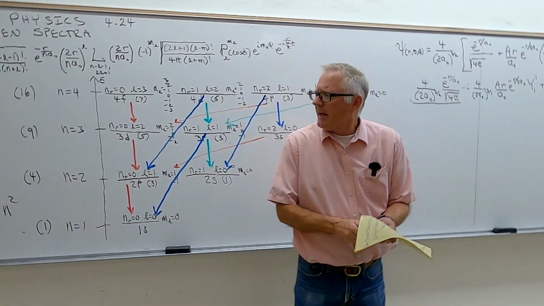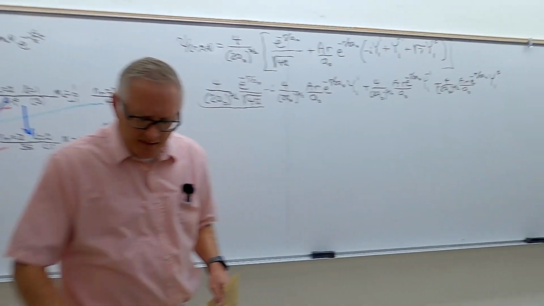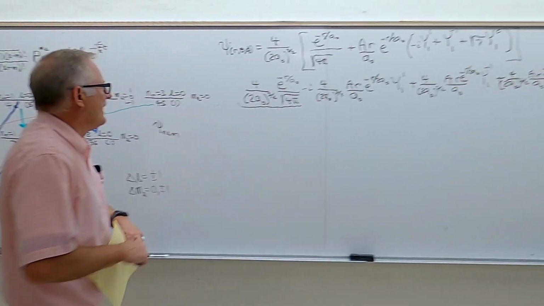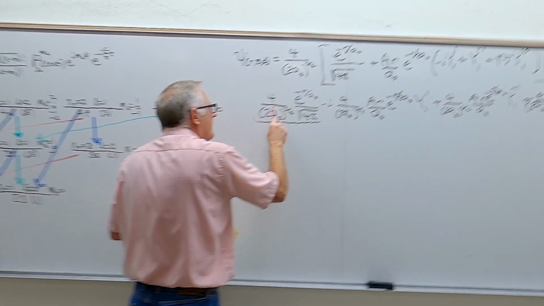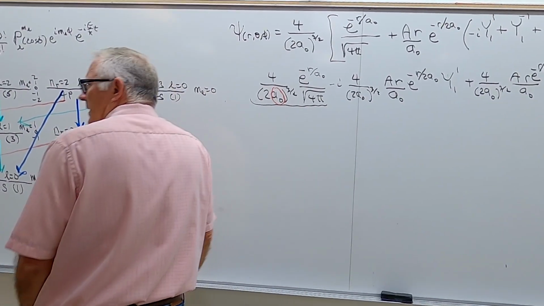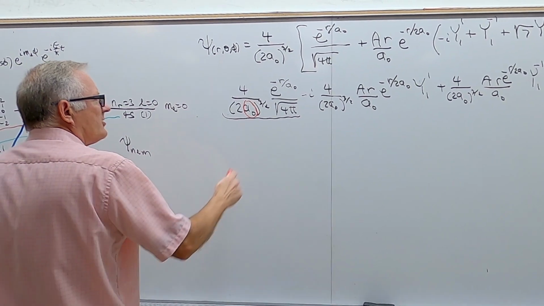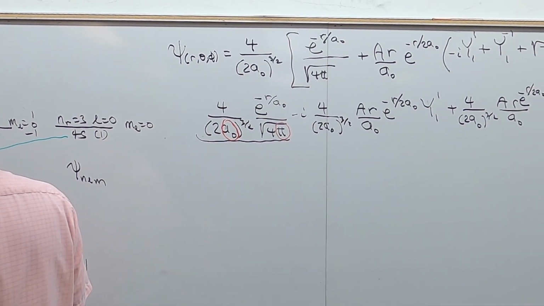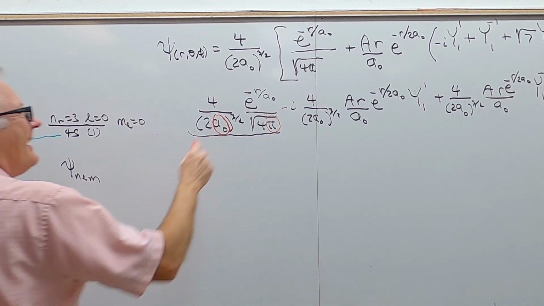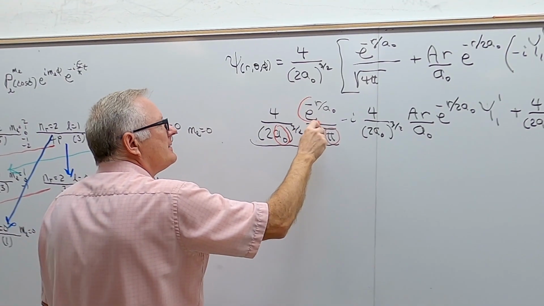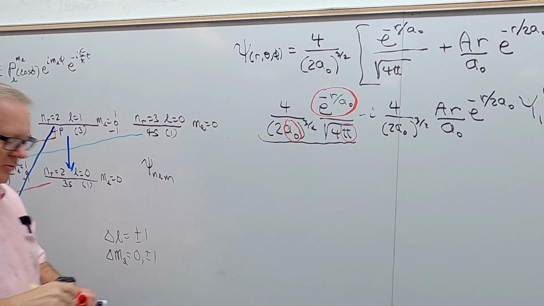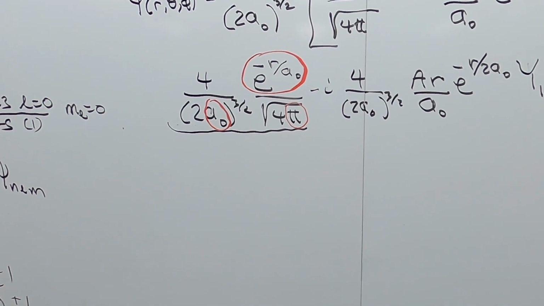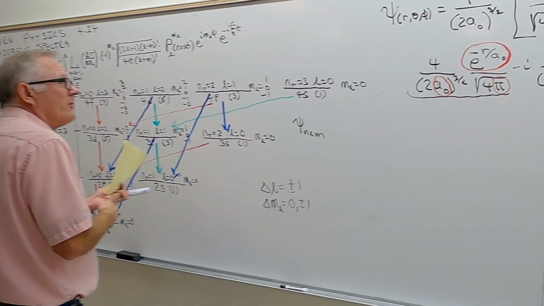We need to pull out a naught to the 3 halves in the denominator. So if I pull that much of it out, and we also pull out the square root of pi, and we pull out the e to this right there. Those three things together is my psi 1 0 0.